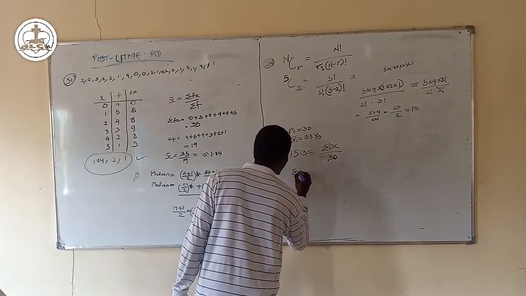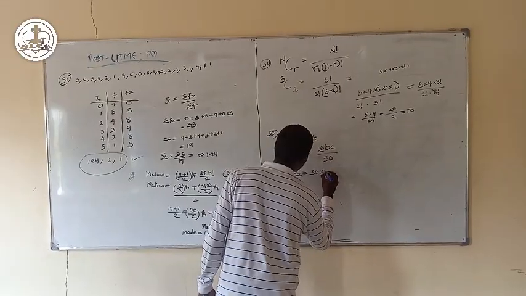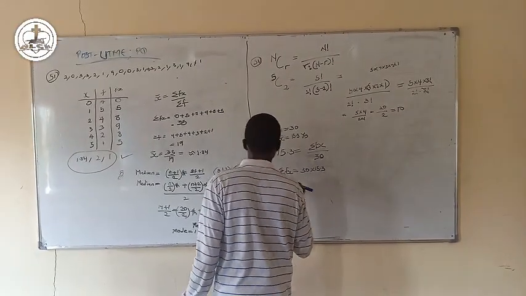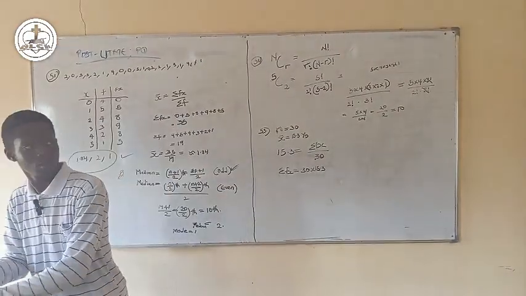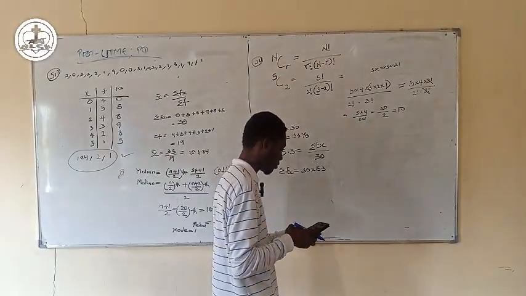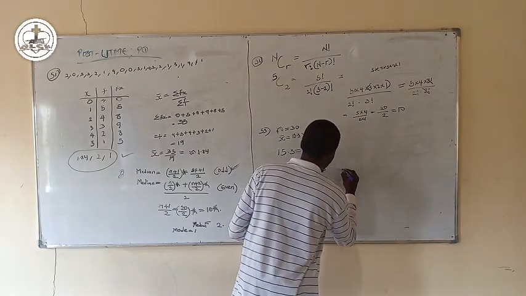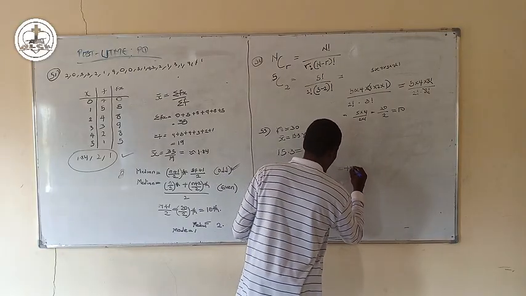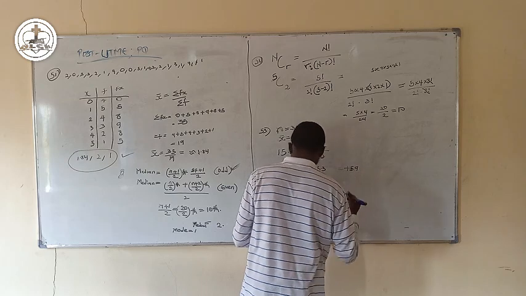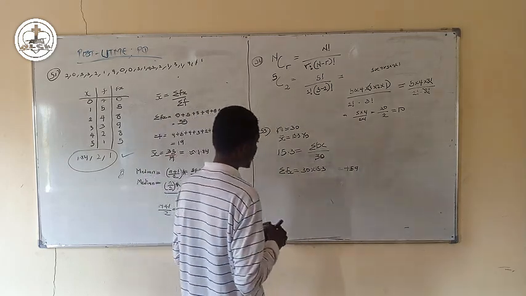Now summation fx is equal to 30 times 15.3, and this will give us 459. Good. So this is the summation of ages before any changes happen.